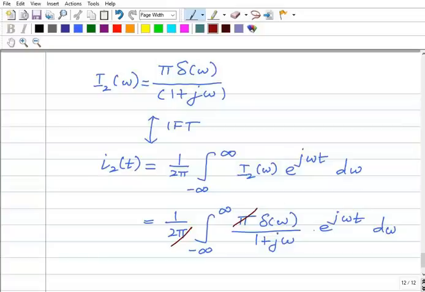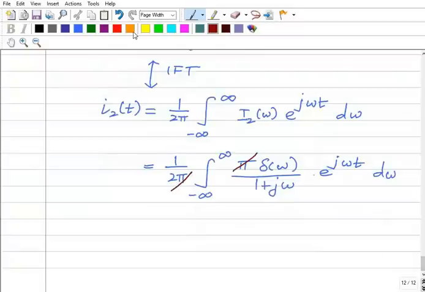The integration is with respect to omega and omega ranges from minus infinity to plus infinity. But what about this delta omega? Only at what particular value? 0. See, this is in the frequency domain. I didn't write delta t, this is delta omega. So omega equal to 0 alone, this is valid. For all the other values, it is 0, so do not consider other values.